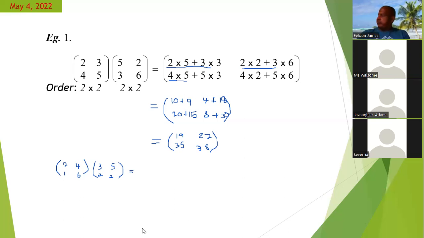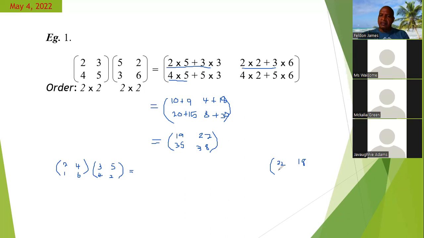All right, let me hear from Miss Waysome. What is her solution? Miss Waysome, what's your answer? Sir, I think I have to review this. It is mixed up. Okay. All right. Miss Green, what is your answer? Sir, 22, 18, 27, 17. 22, 18 on the right or below? On the right, sir. All right, 22, 18.